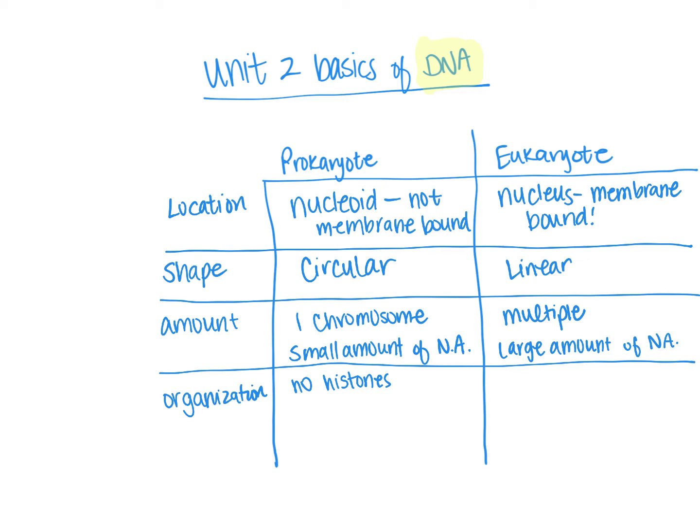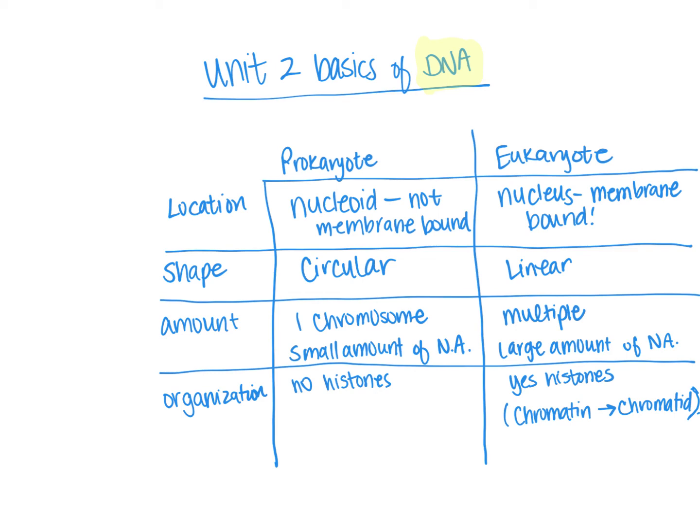Eukaryotes will have a tremendous amount of histones. And these histones help to create the structures that we talked about with DNA when we talked about chromatin versus chromatid. It's those histones that are going to aid in that process of creating the supercoiled chromatids.